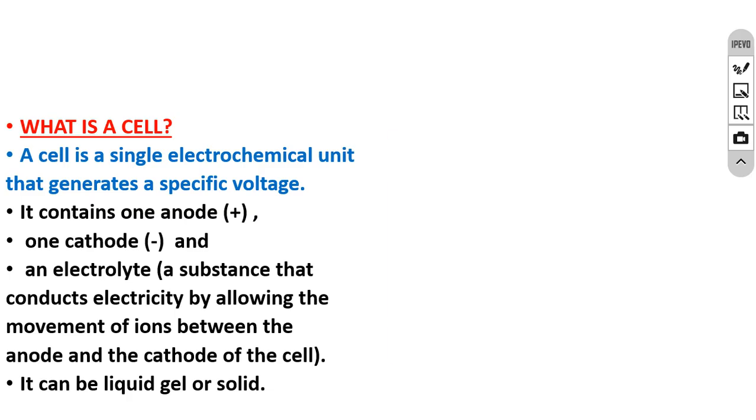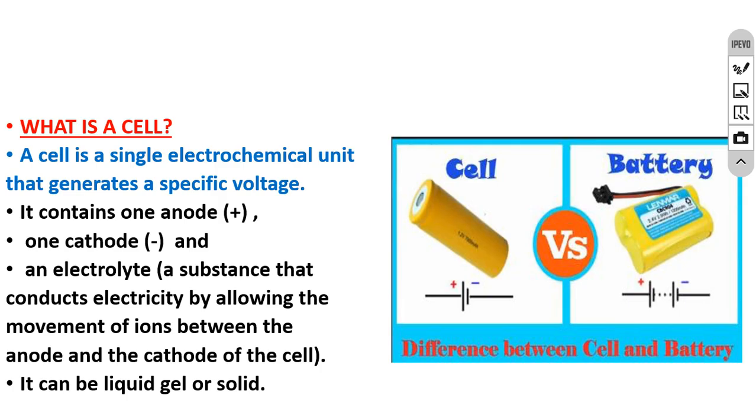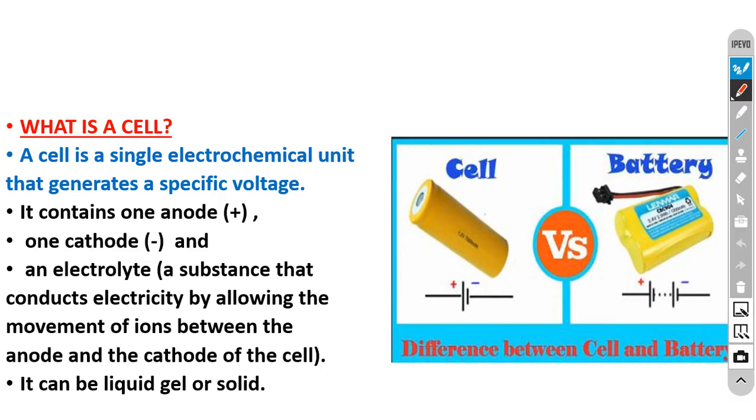So let's look at this diagram here. You can see that what we normally call a battery is not a battery but a cell. Look at this figure here, an example of what we mean by the word cell. So the moment we combine another cell such that we have up to 2, then we call it a battery.